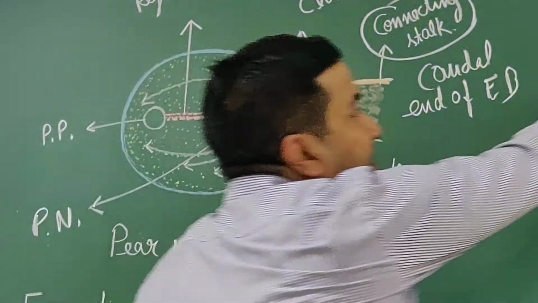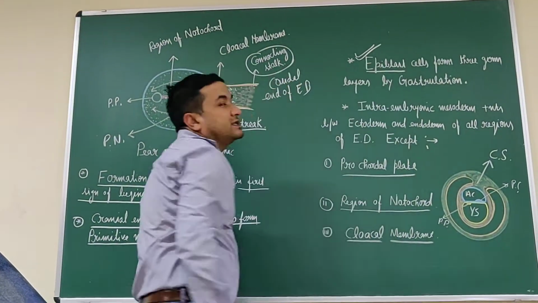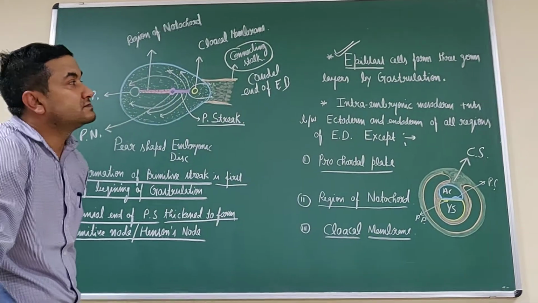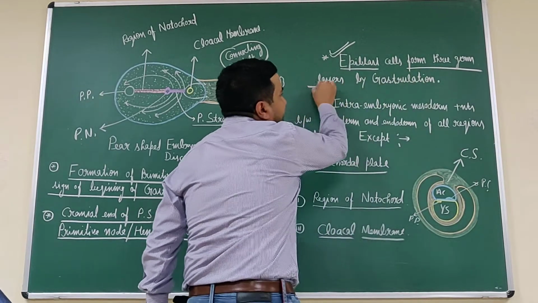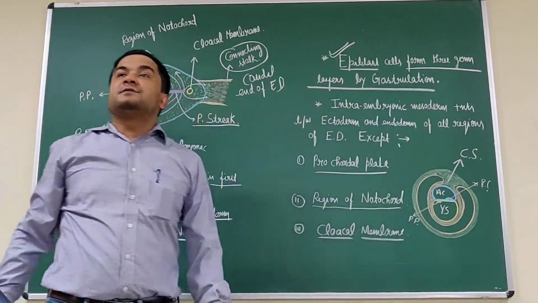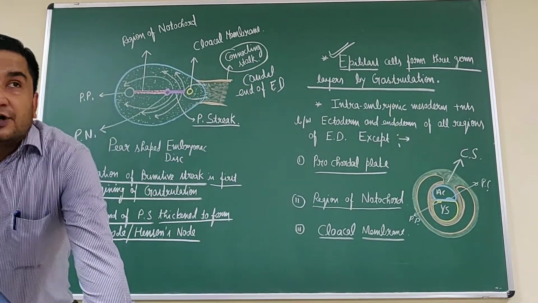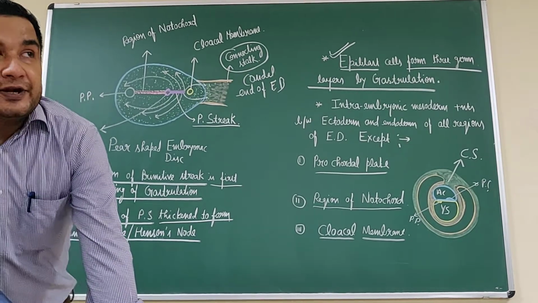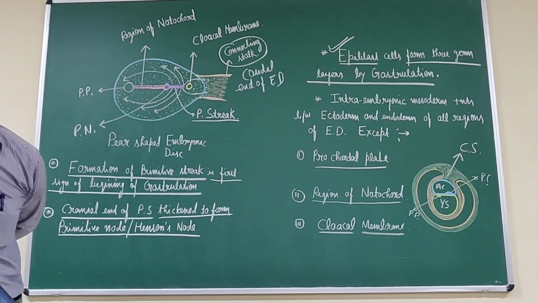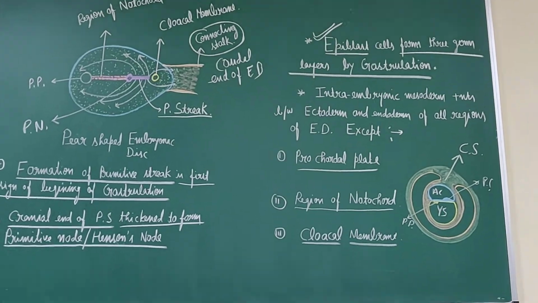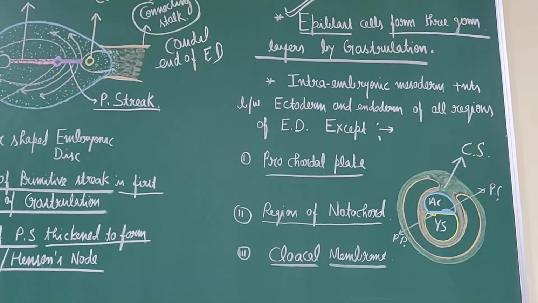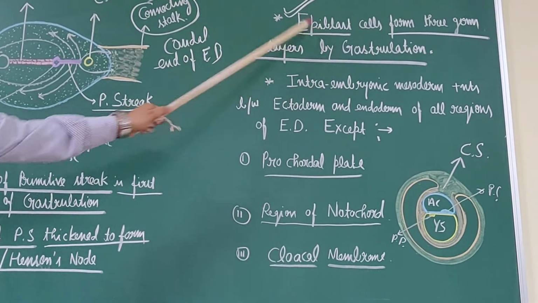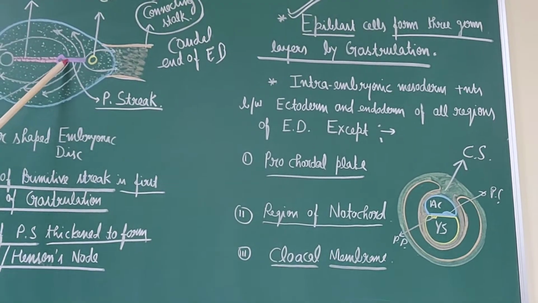Now, another important point: the epiblast cells form the three germ layers by gastrulation: ectoderm, mesoderm, and endoderm. These three layers are ultimately formed by these epiblast cells. These epiblast cells form the primitive streak.